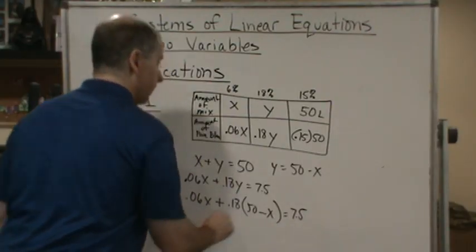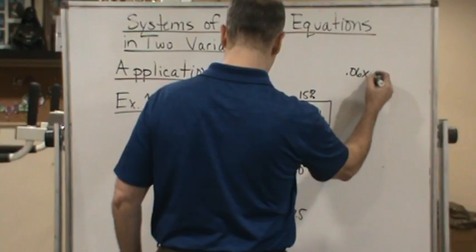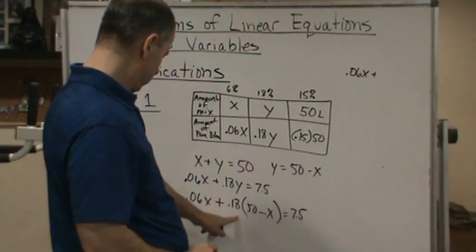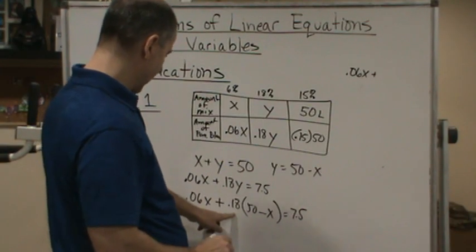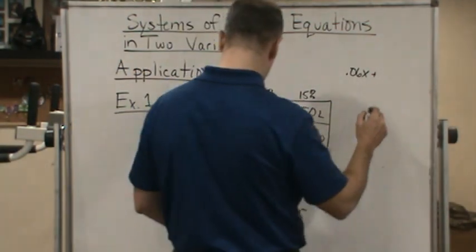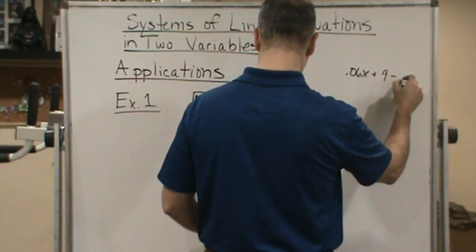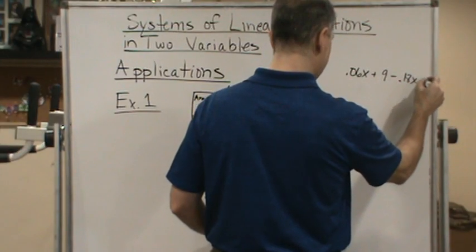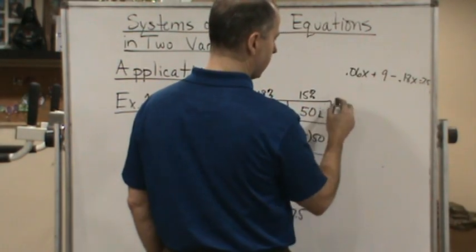So this is going to be 0.06x plus 9, right? So this is going to be 9 minus 0.18x equals 7.5.